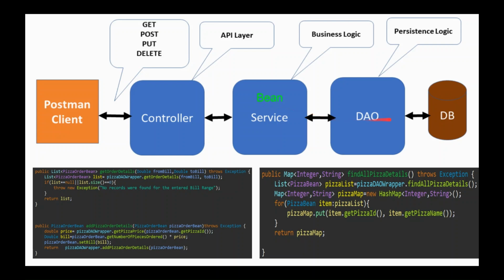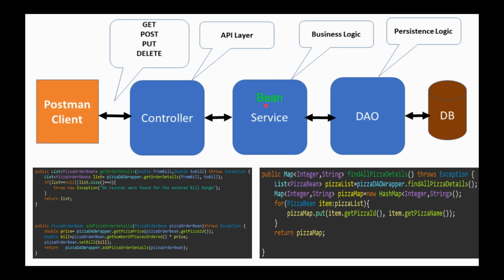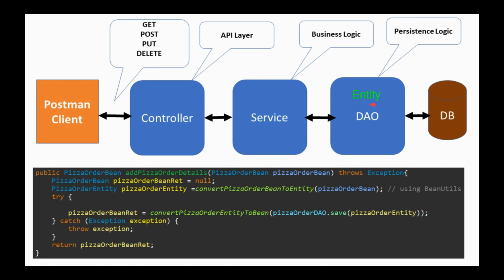Moving towards the DAO layer, the DAO layer is the one which is responsible for dealing with the database. So whatever you want to store in the database or fetch from the database is handled by the DAO layer. The most important part over here is that the DAO layer only understands entity. The service layer was understanding bean, and the DAO layer is understanding entity.